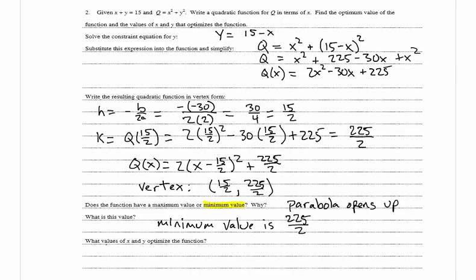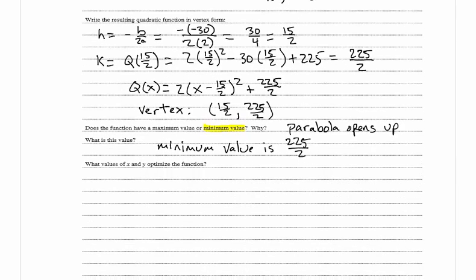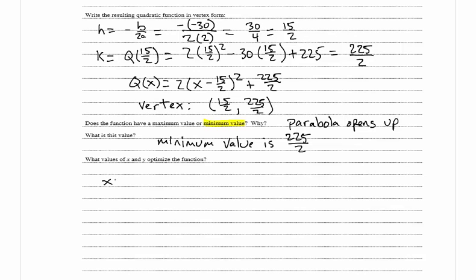And now they want to know what values of x and y optimize the function. So if x is equal to 15 over 2, and our constraint equation was y is equal to 15 minus x, so we have y is equal to 15 minus 15 halves, so y is equal to 15 halves.